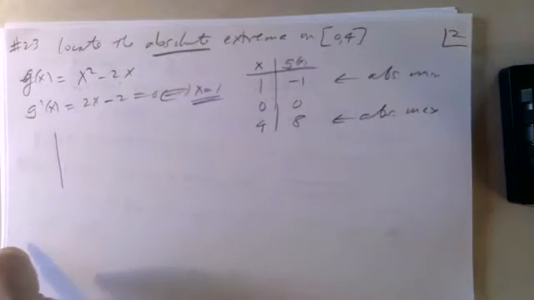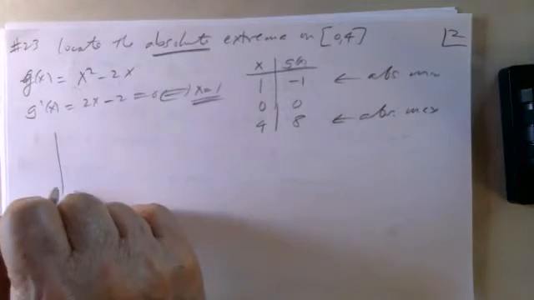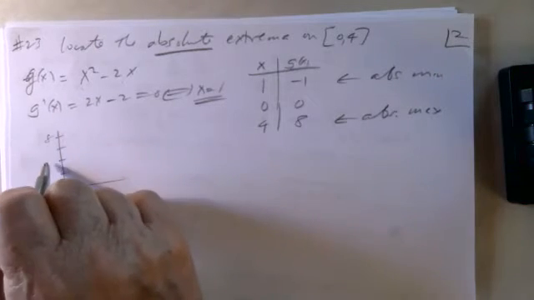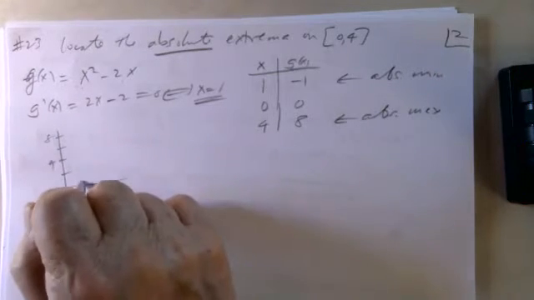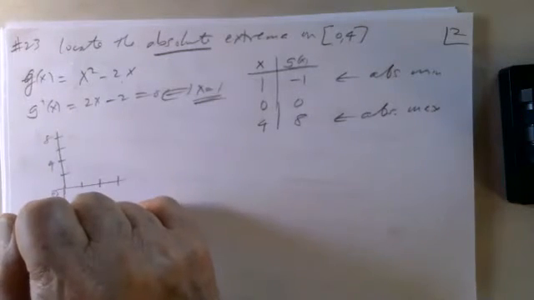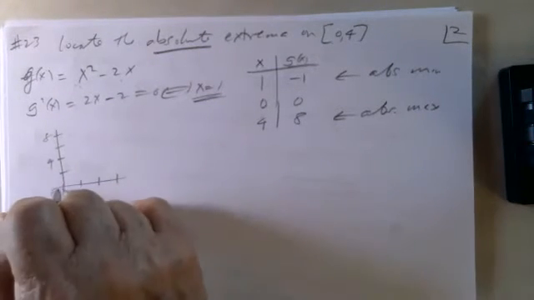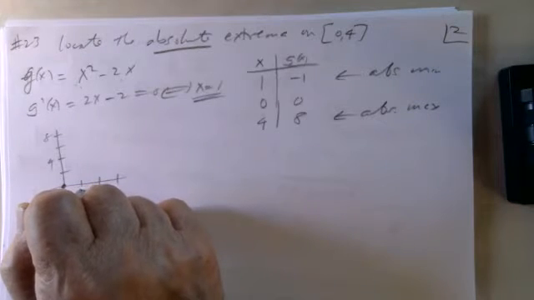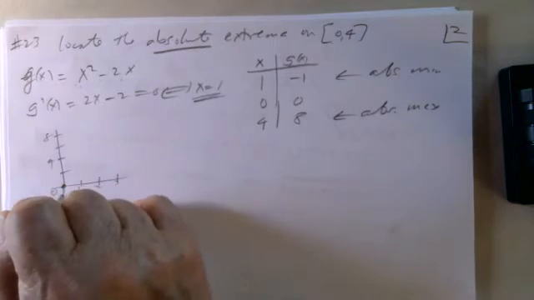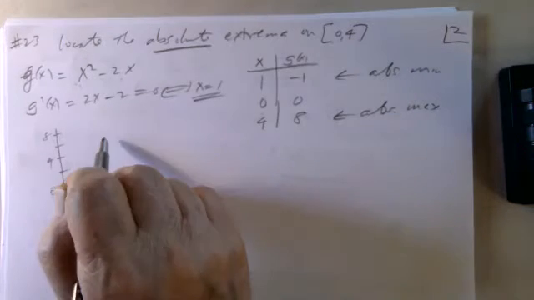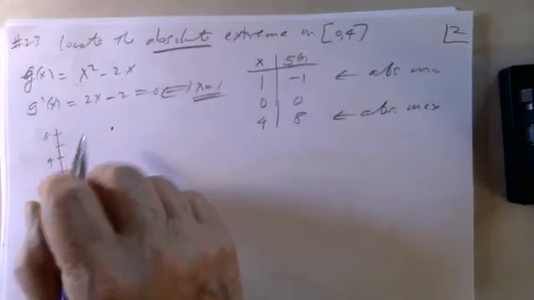If you look at the graph of this function, at 0, it's 0. At 1, it's minus 1. And at 4, it's 8.